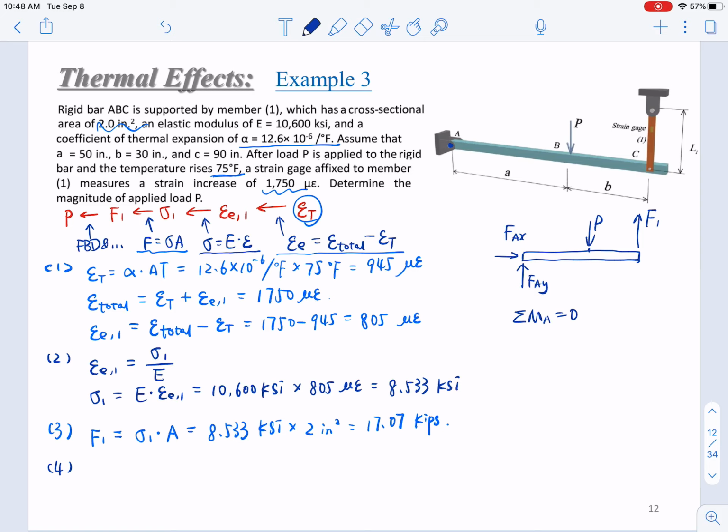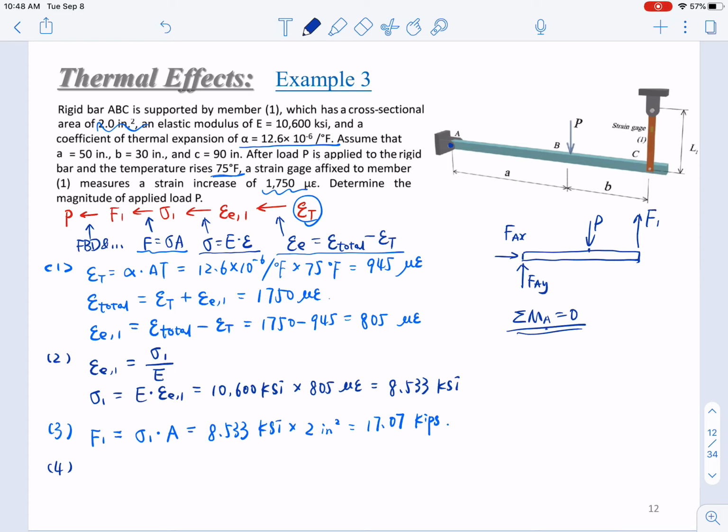Since we have only 2 moments, from P and from F1, we can write one equation and we have only one unknown. If you select point A, you will be able to remove FAY, so only one unknown is left. We only need this one equation.